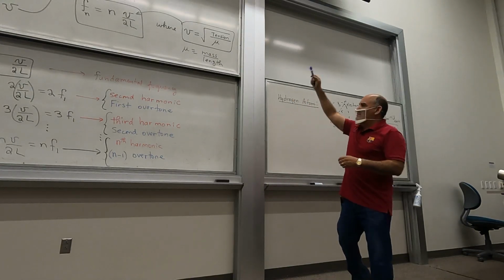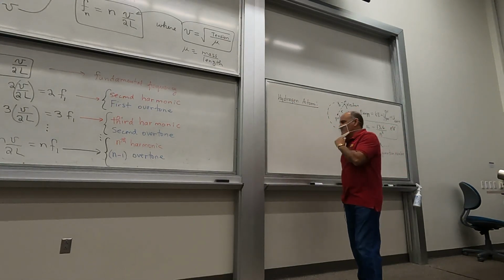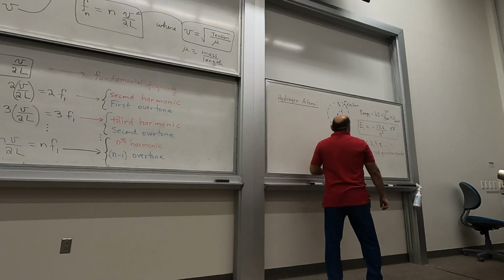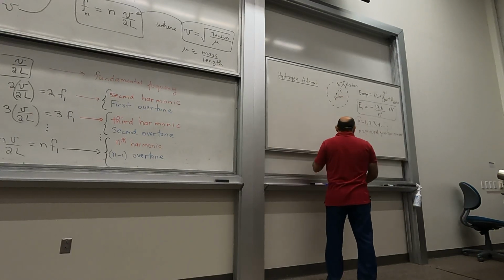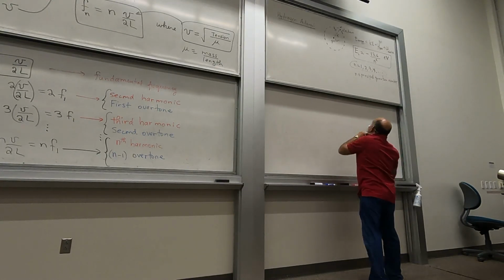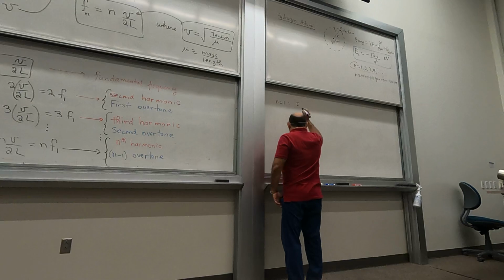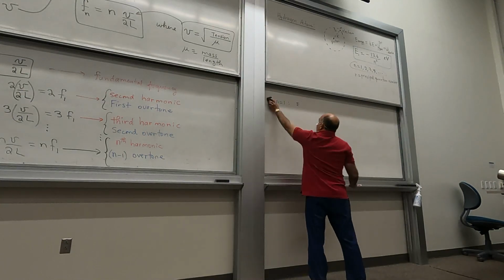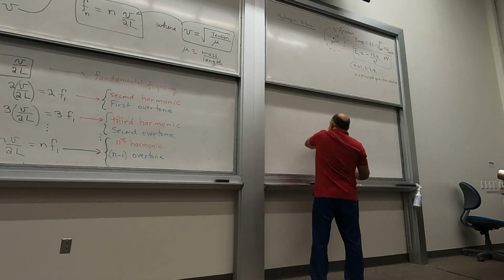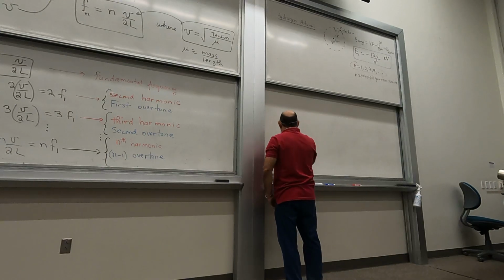Same thing over here, right? So n can be 1, 2, 3, 4, just a positive integer. And if I did the same thing as I did over there, normally what you do is draw an energy level diagram.